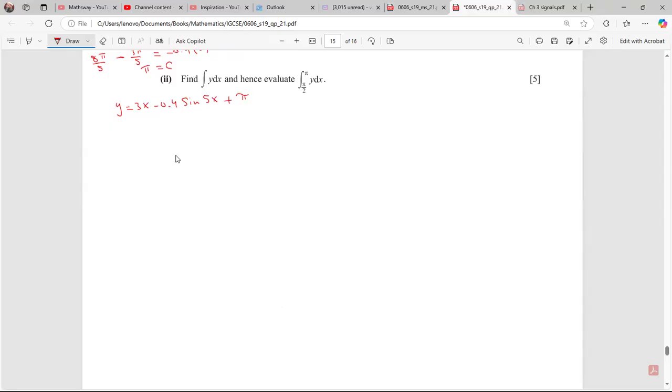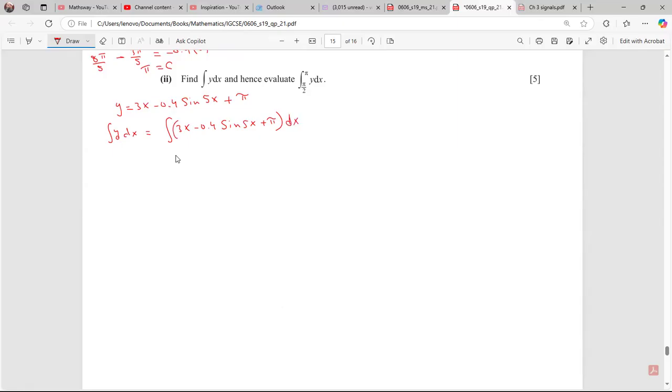So when I integrate y dx, it is the same as integrating this whole thing, 3x minus 0.4 sine 5x plus pi dx, right?